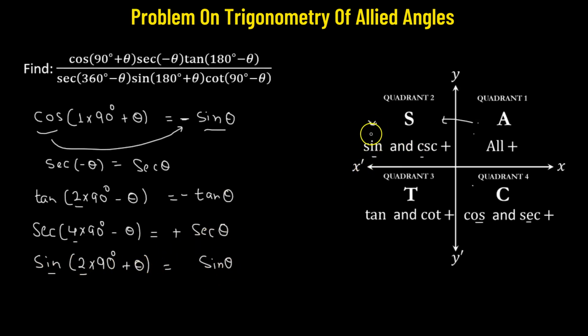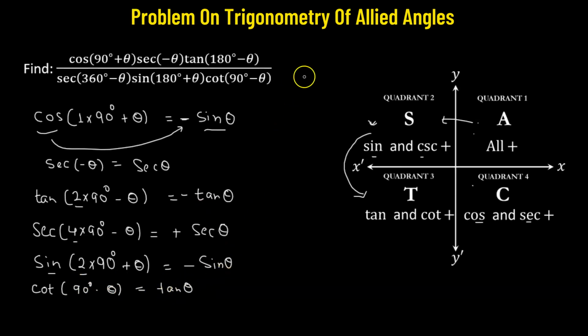Whenever we are adding, it's going to go to the next quadrant. So that means we are in the third quadrant, where only tangent and cotangent are positive. This is going to give us a negative value. And finally, coming to the final one, cotangent of 90 degree minus theta. I'll leave this as an exercise for you. This should give us tangent of theta.